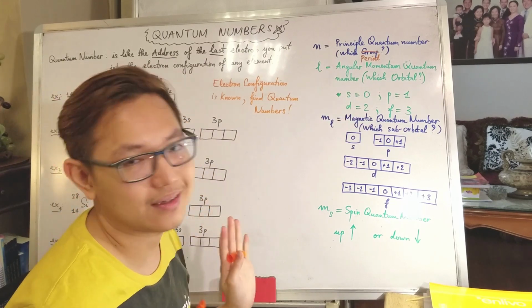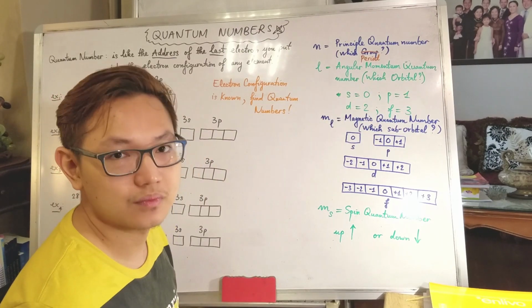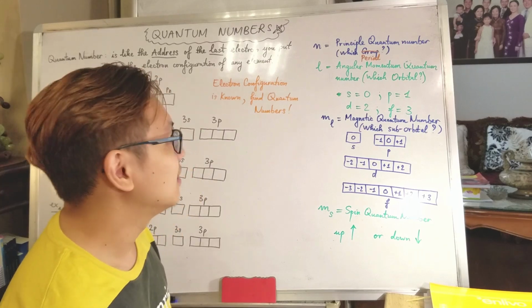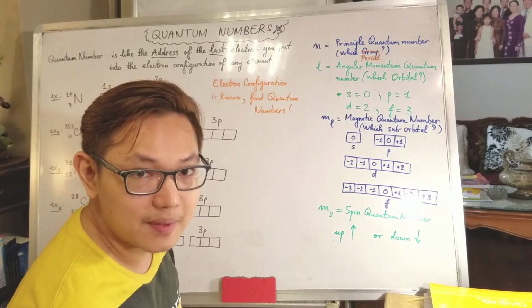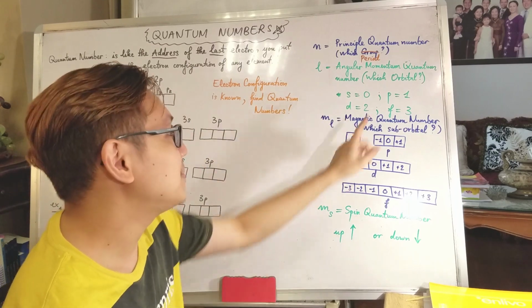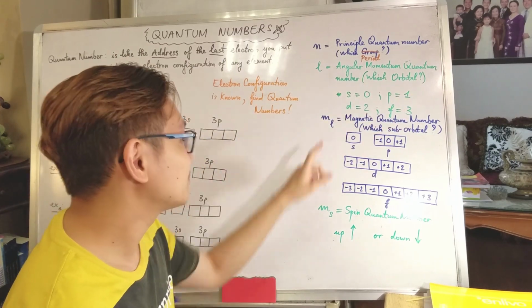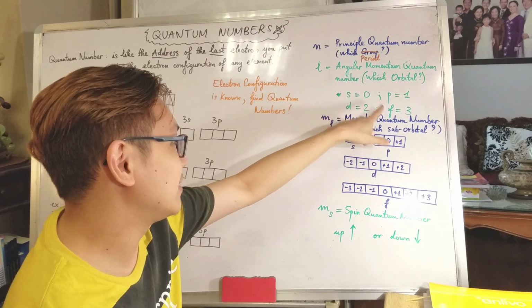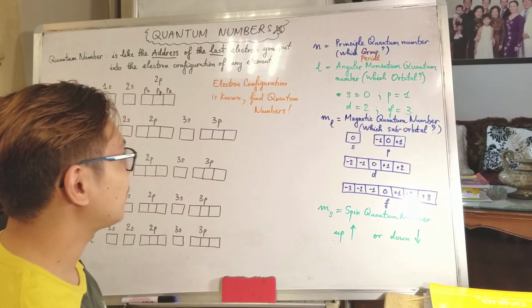It tells you exactly which orbital it is. If it ends up in orbital S, you write number 0. P, you write down number 1. D, you write down number 2, and F is number 3.